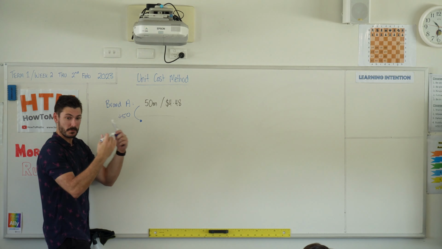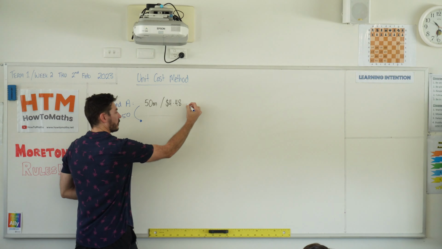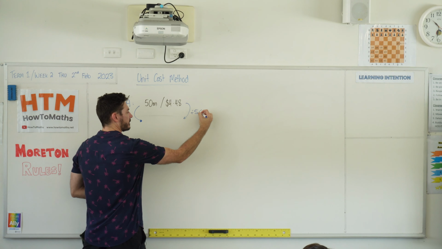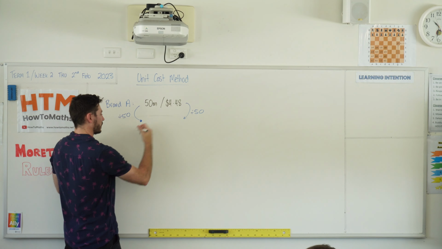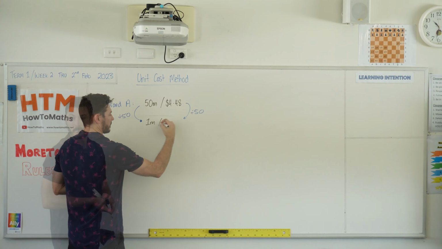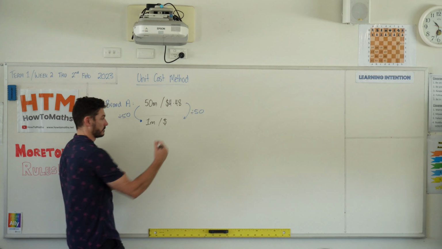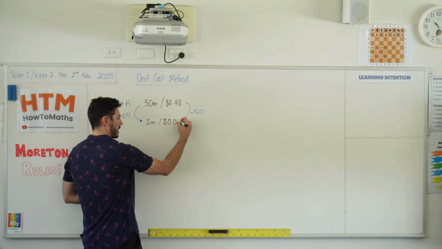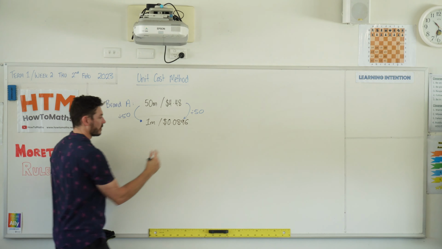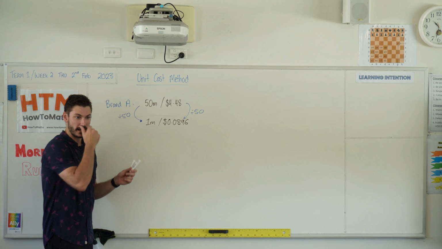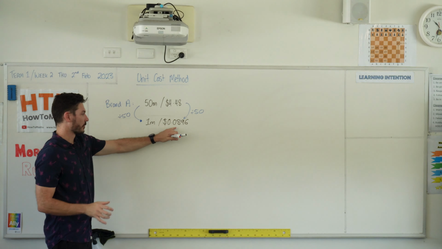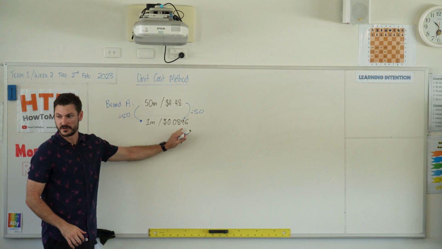But to keep it balanced, so it's the same rate, we divide this by 50 also. Can someone get out a calculator and divide by 50 for me? 0.08. Thank you, Ava. So 0.0896. Now, typically with money, I would round that to 2 decimal places, so 0.09.